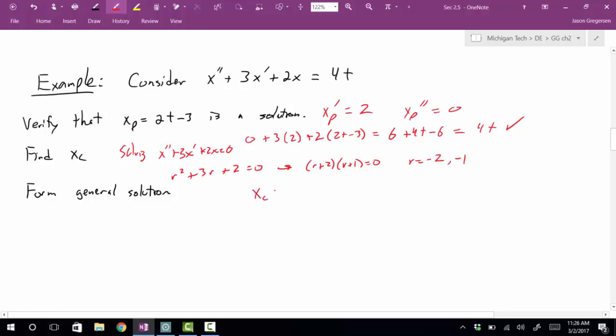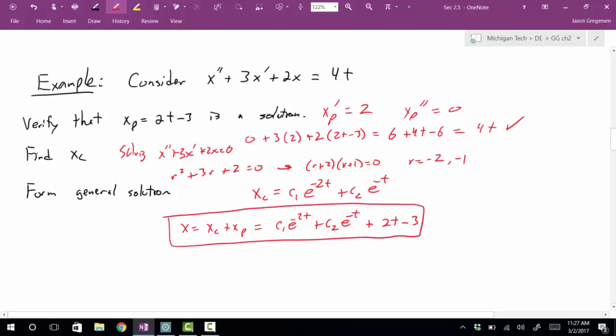Looks like my complementary solution should be some constant e to the -2t, some constant e to the -t. Now I form my general solution. It should just be x sub c plus x sub p. It should be c1 e to the -2t plus c2 e to the -t plus 2t minus 3. That is the general solution to this non-homogeneous problem.